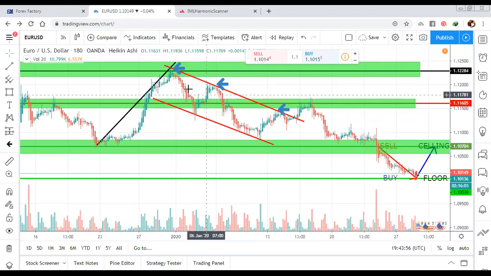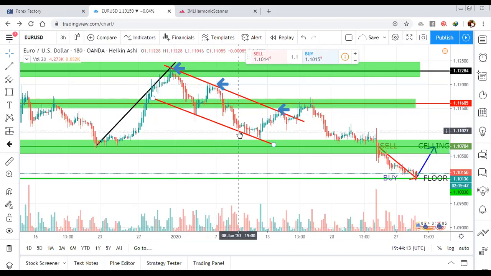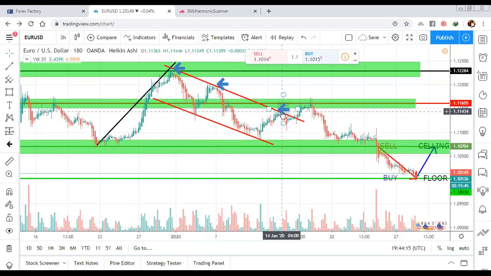Why do I say the market is going down? Because it has a downward trend movement. How do I know it is a downward trend movement? It is because this is a high and this is a low. This is a lower high and this is a lower low. This is a lower high and so on and so forth until it gets down here.